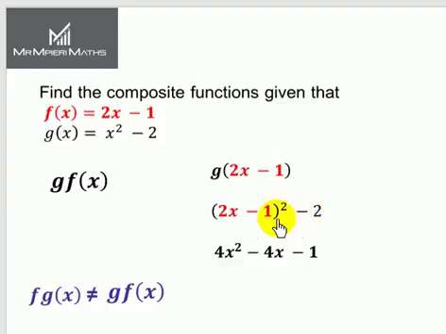Now this is fine. Once you have applied this function, that's fine. You can leave the answer this way. But if you decide to simplify, remember you've got to square this. You might use a double bracket if you want to do that. That is 2x minus 1, bracket 2x minus 1. Or you can just square this. If you square the first one here, you get 4x squared, and then twice their product, you multiply 2x by 1 and then twice that, you get 4x, and it becomes minus.